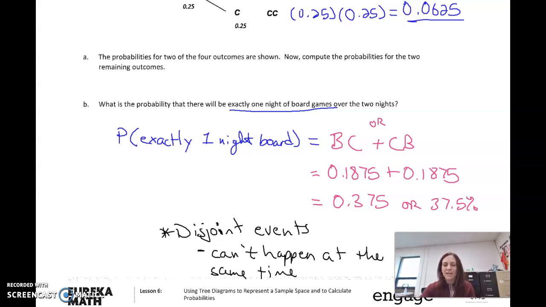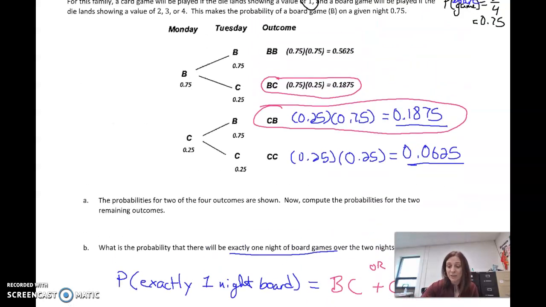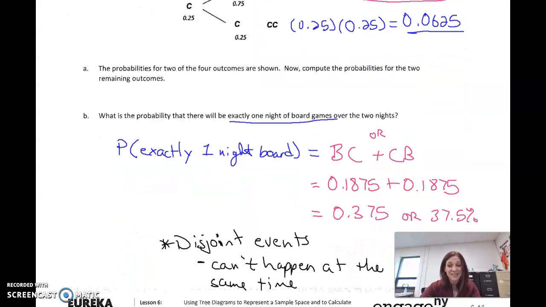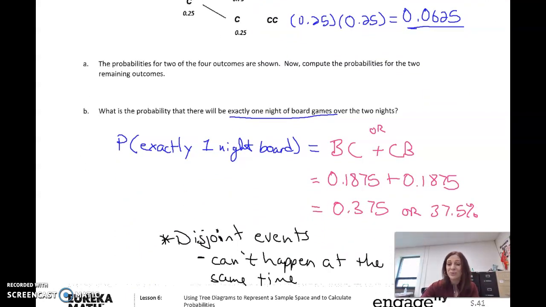They can't both happen at the same time. We can't play a board game on Monday and also play a card game on Monday. So if we want either of them to happen, we have to add them together because the probabilities of both count. Within the tree diagrams, we multiply to find probabilities. And then once we have those probabilities, if the event consists of more than one outcome, like in this case, that's when we add them together.